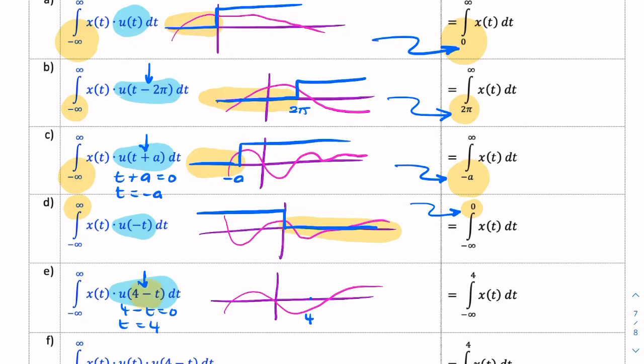And because it's reversed, because of the minus sign there, it means that the unit step actually looks like this. So when is the product 0? For all time greater than 4. So the only time when the integration is non-zero is between minus infinity and 4. So we replace this upper limit with 4.